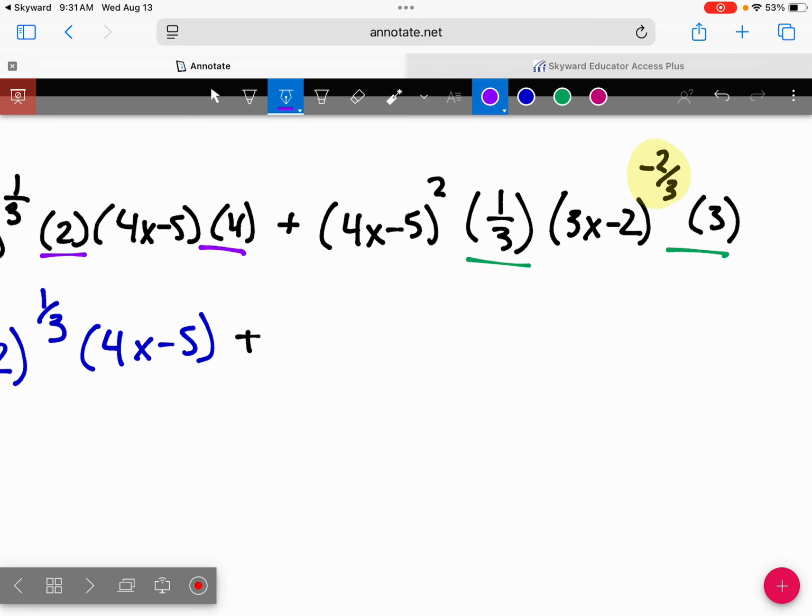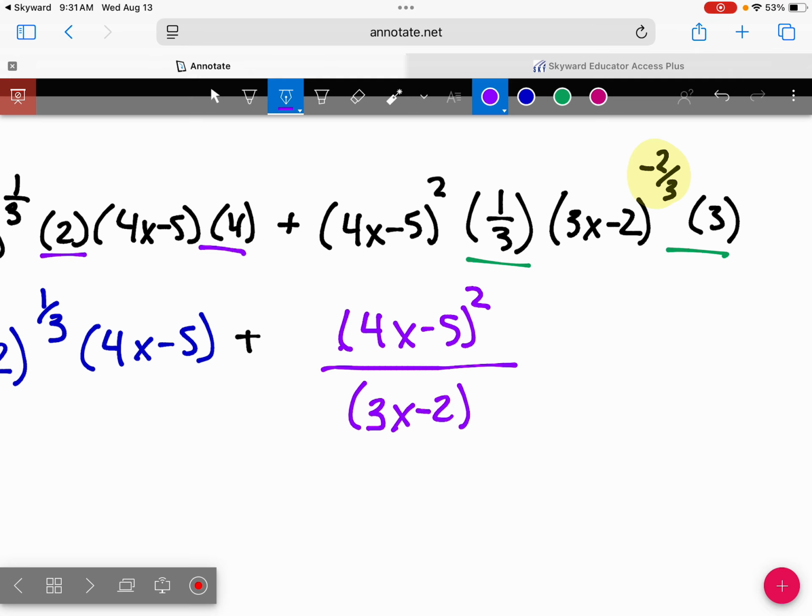And then what we have is our 4x minus 5 squared. And with this negative exponent, that goes down here. It's a denominator. 3x minus 2 to the minus 2/3. Oh, positive 2/3. Sorry, because we're in the denominator now.